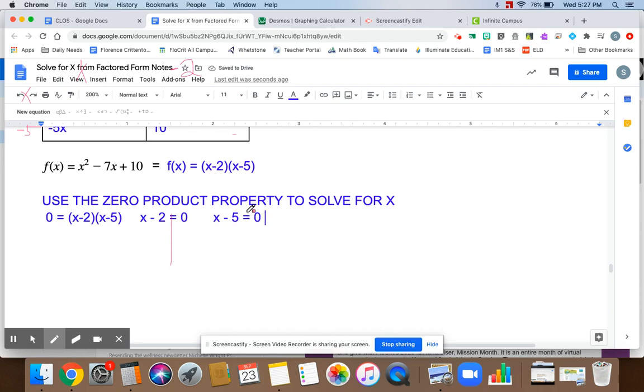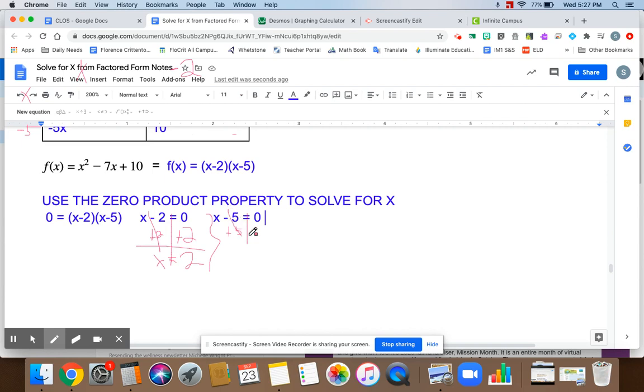So how do I make this one? How do I solve for x here? I have to add the 2 away to both sides. So these will eliminate. So then x equals 0 plus 2, which is just 2. And then to solve for x here on this one, what do I do? I have to add the 5 over.